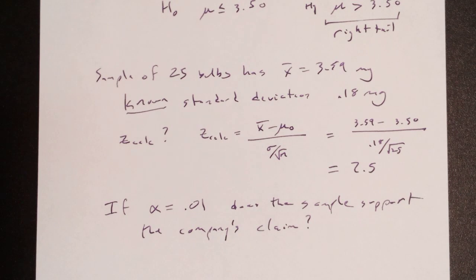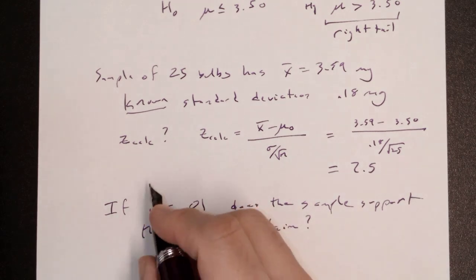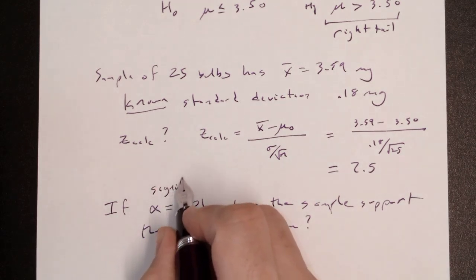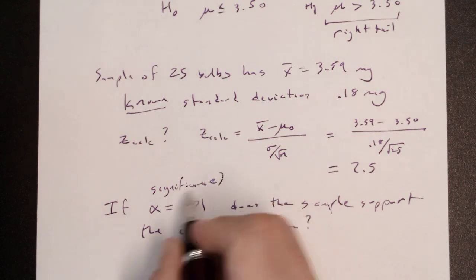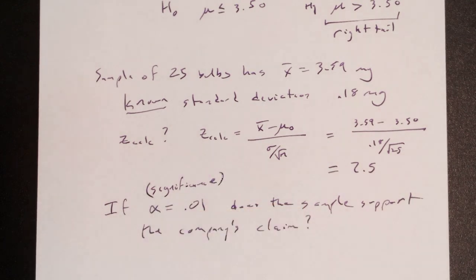Alpha. Alpha was, we gave it a name. Alpha was our significance level. At a 1% significance level, is the company lying to me? Or are they telling the truth?